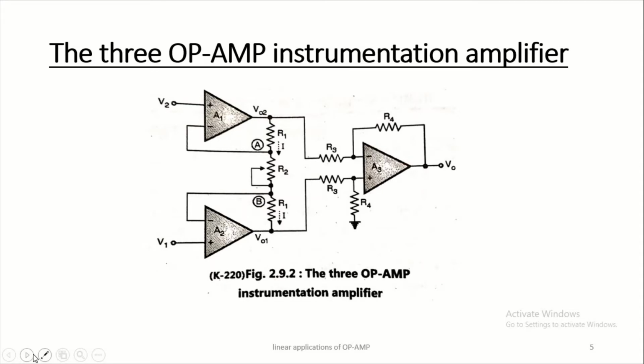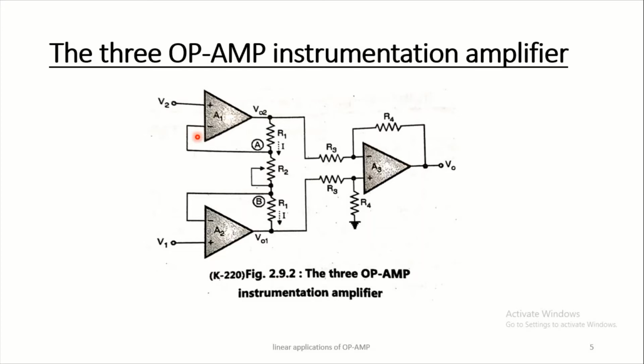The next is the 3 op-amp instrumentation amplifier. In the figure, 3 op-amps are used: A1, A2 and A3. A1 and A2 are non-inverting amplifiers because the input voltage is applied at the non-inverting terminal, the plus terminal, and their negative terminals are connected with the resistance R2.